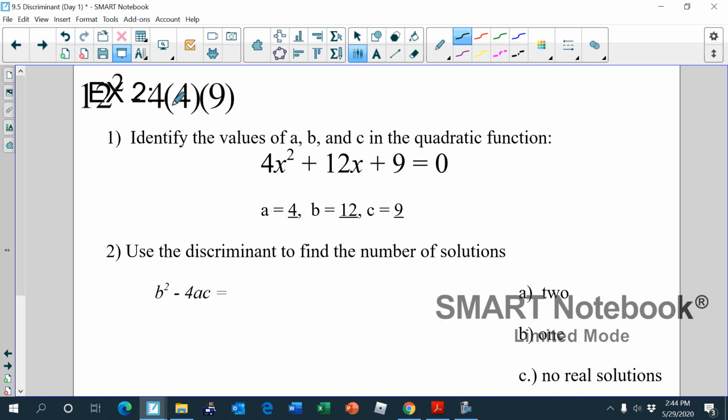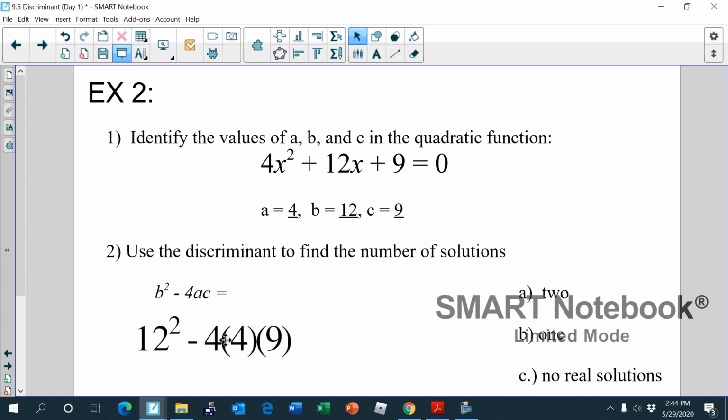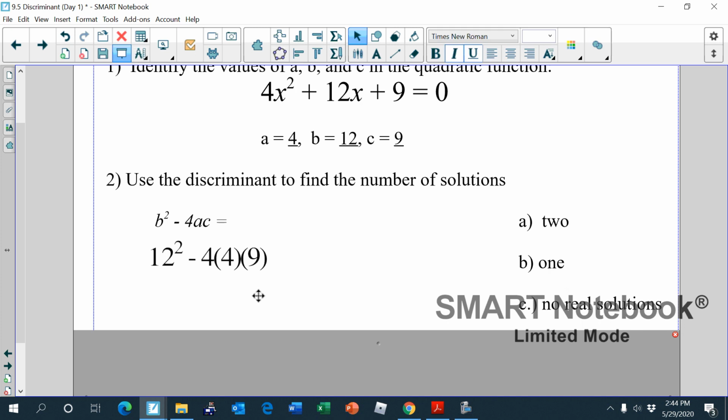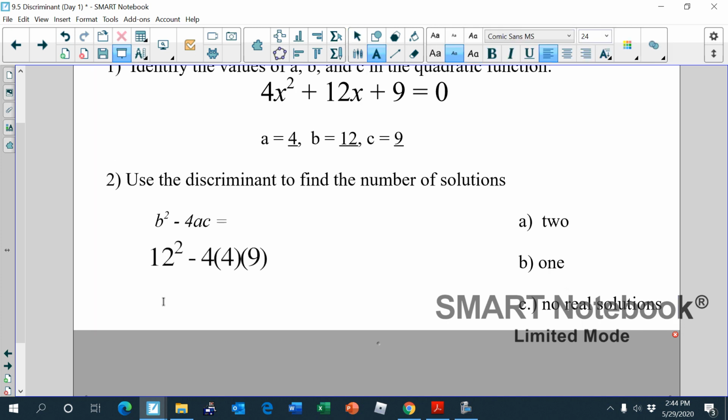When we do that, again, let's do our order of operations correctly. We have 12 squared is 144. So 144 minus, and then when you do 4 times 9, you get 144 again.